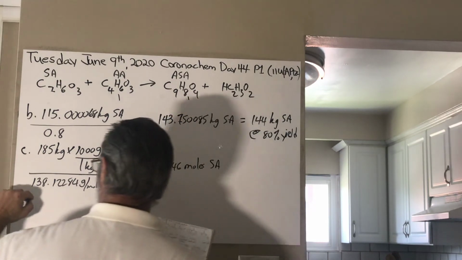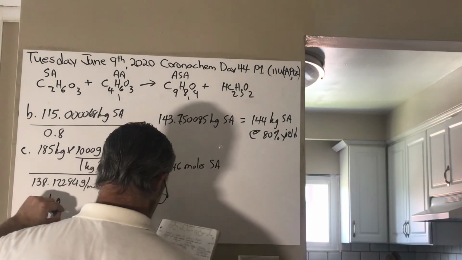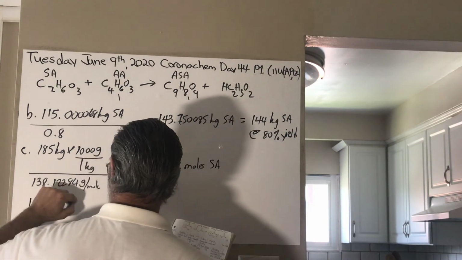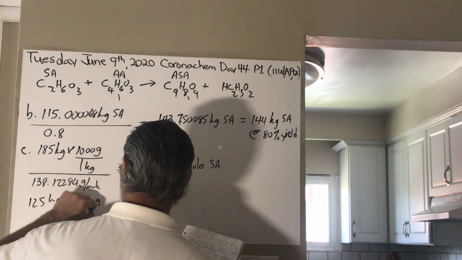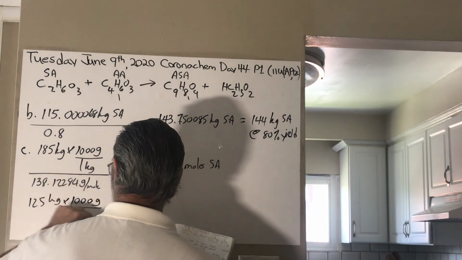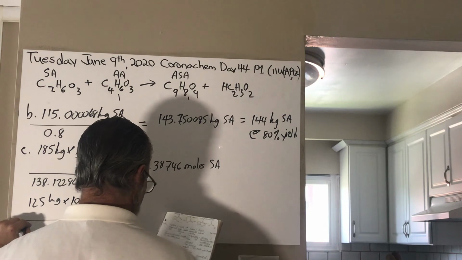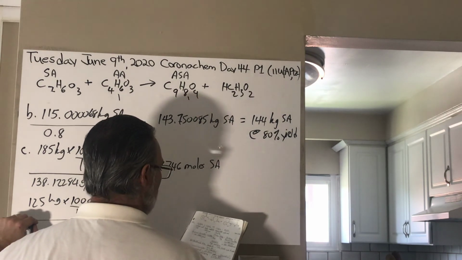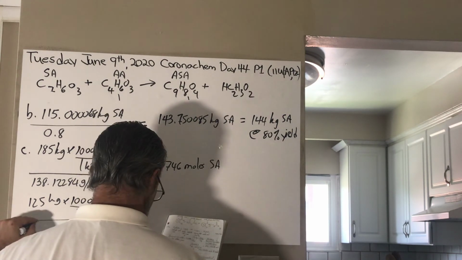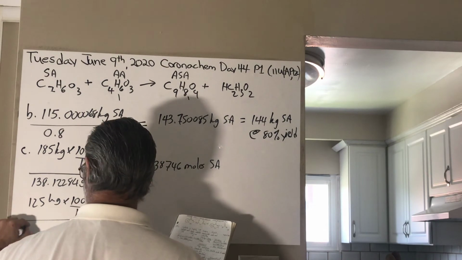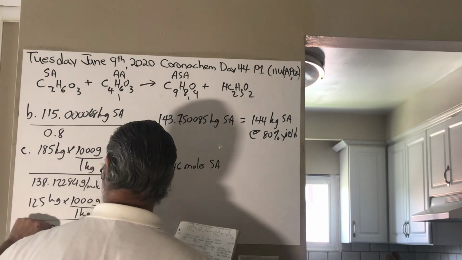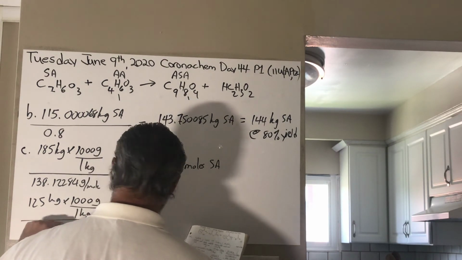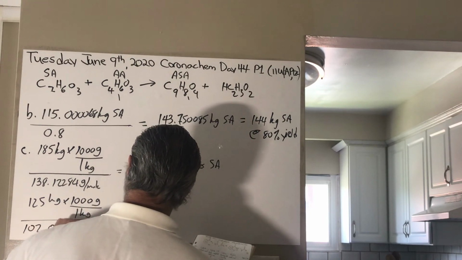Also, if you had 125 kilograms of acetic anhydride, again there's 1,000 grams per 1 kilogram. Divide all that by the molar mass of acetic anhydride, which we found out earlier in our previous calculation. It turns out it's 102.08948 grams per mole.